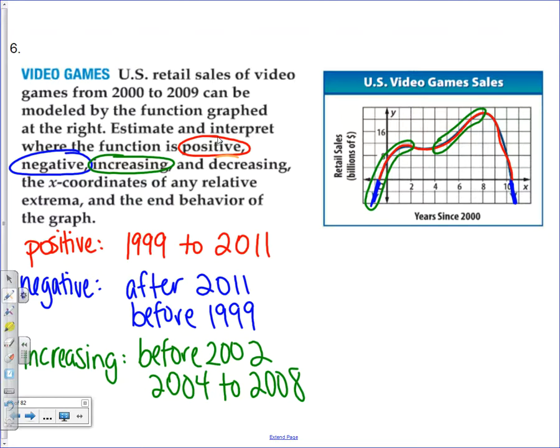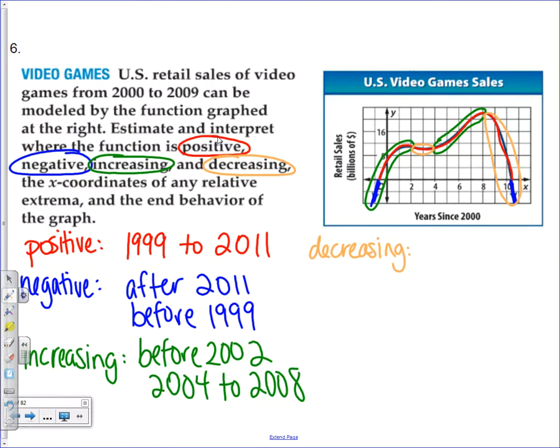Decreasing, and we're doing orange for decreasing. Take your orange pencil and circle the portions of the graph where it's going down. You got those circled okay?